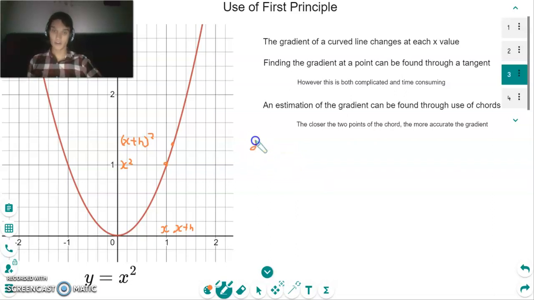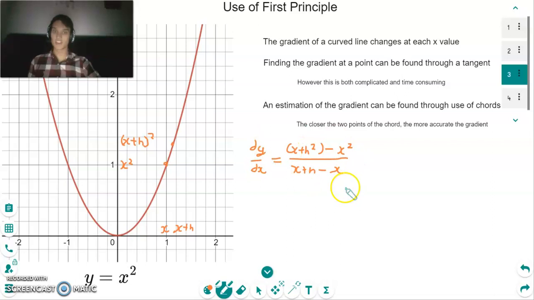So we're going to find dy over dx. So this is equal to, let's take our two y values first. So x plus h squared minus x squared. That's our change in y. Then we're going to take our x values for our change in x. So x plus h minus x.